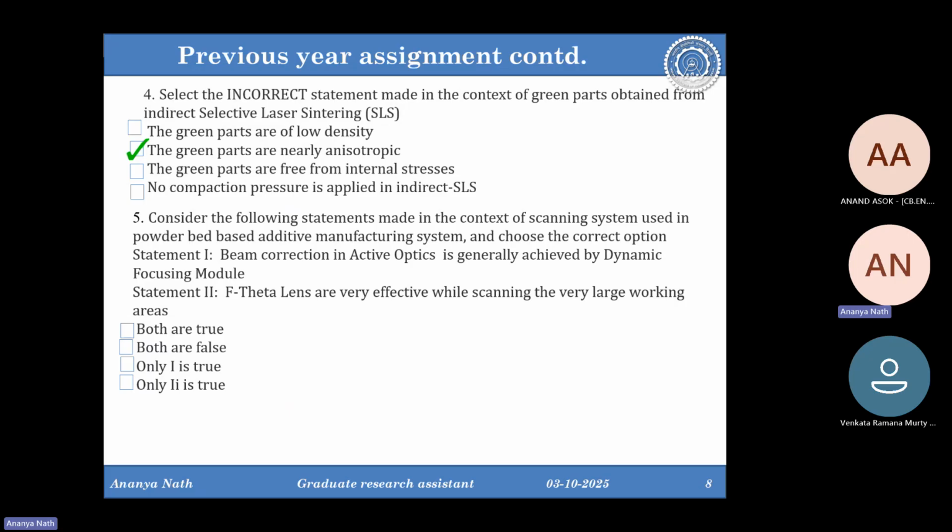In normal PBF systems, we try to achieve isotropic parts, but it's not always true. The parts are towards isotropic, but not fully isotropic. Green parts in case of density, yeah. Remaining are correct.